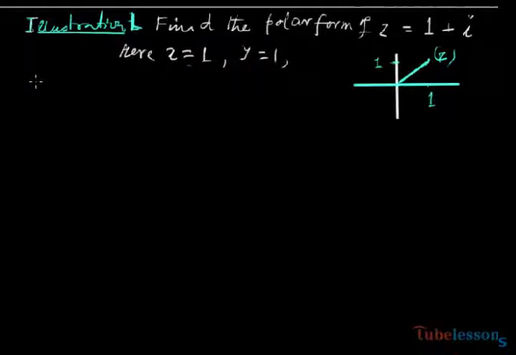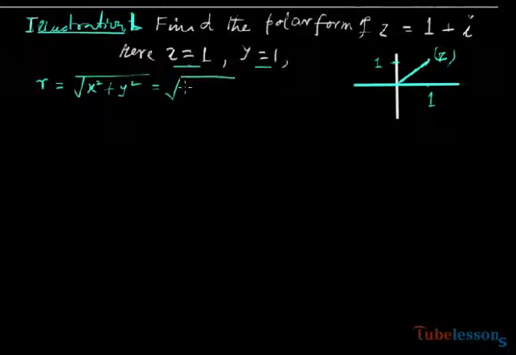First we'll find r. r is root over x square plus y square, and here x is equal to 1, y is equal to 1. So 1 square plus 1 square gives root 2. Now we'll find theta.